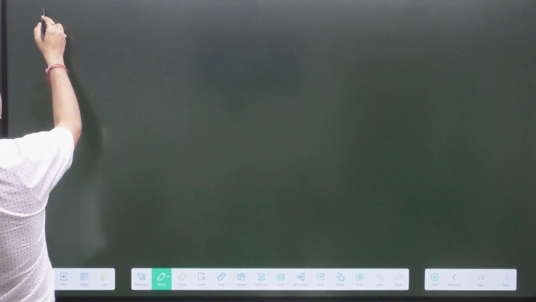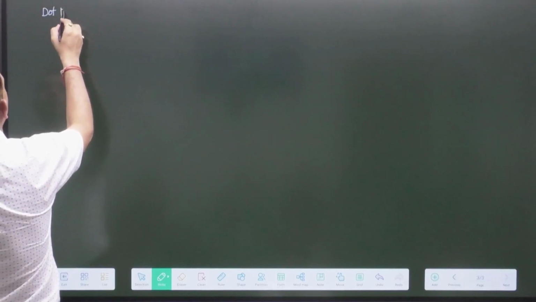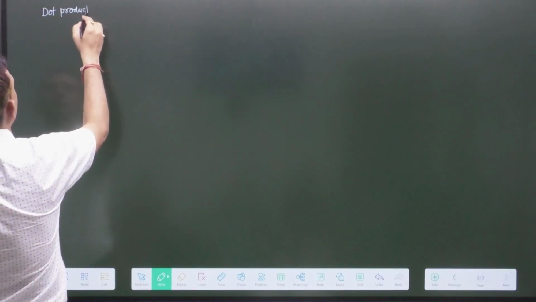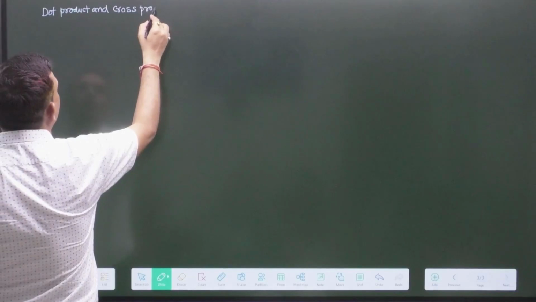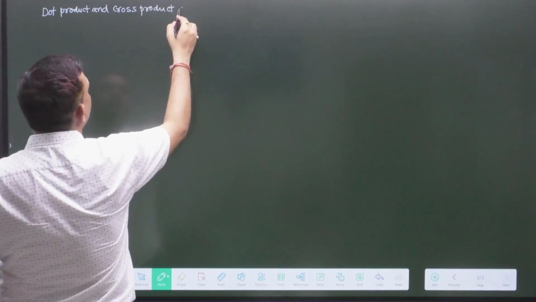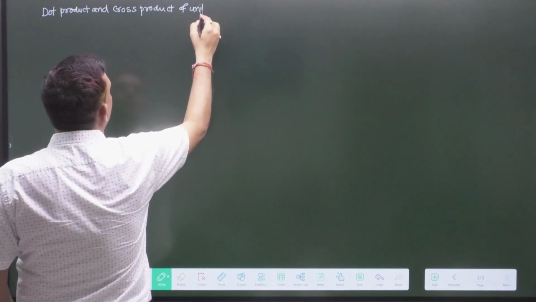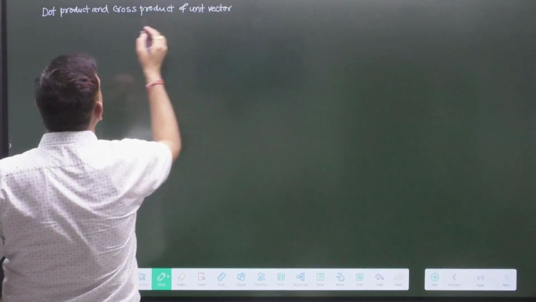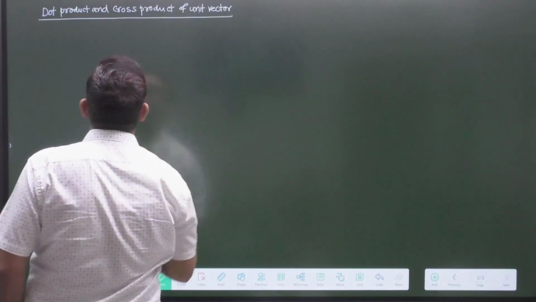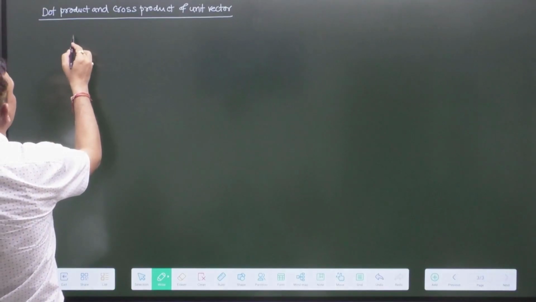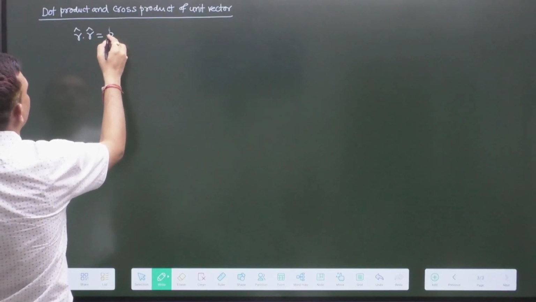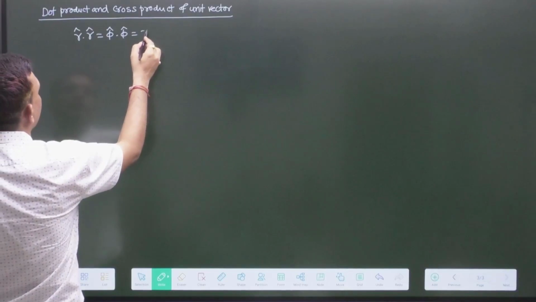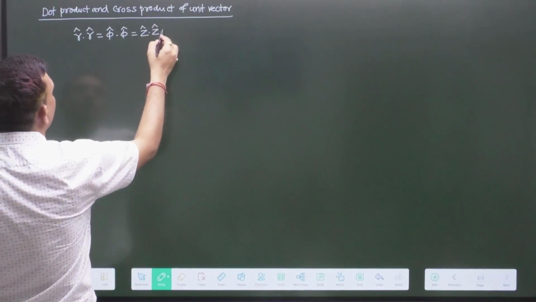Now you can write the dot product and cross product of unit vectors. In the same way you can write R dot R, phi dot phi and Z dot Z is 1.